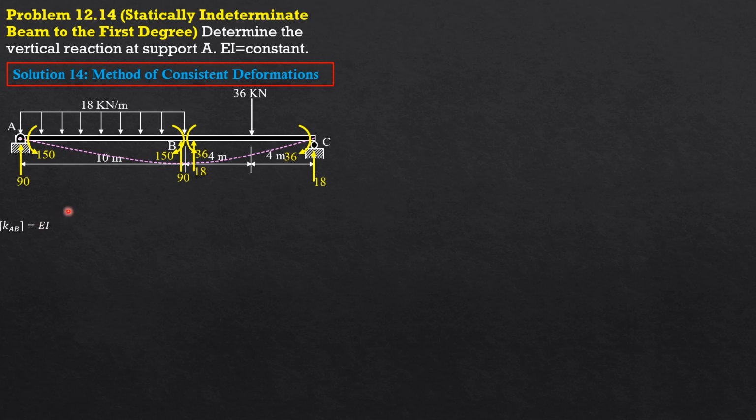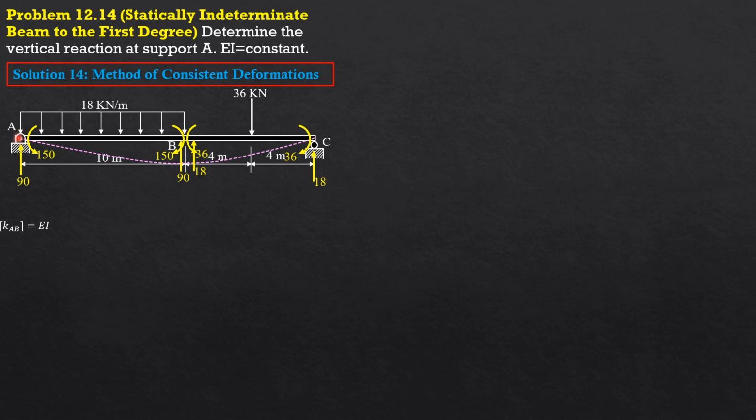Then the next is 6 times EI, 1 over 10 square, so 3 over 50. Then the negative of this cell, you just copy 3 over 50. Then this is 6 EI over L square, 4 EI over L, so that's why it's 2 fifths. 4 times 1 over 10 is 2 fifths. Then the negative of this cell, then half of this value.